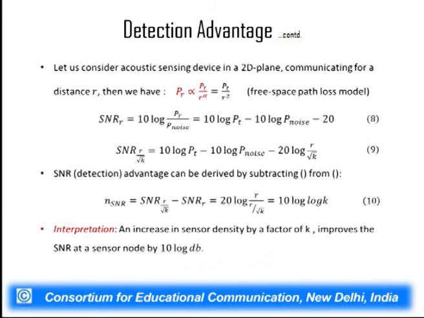An increase in sensor density by a factor k will ultimately improve the SNR at a particular sensor node by the factor k. So this is a good benefit that we are getting in terms of detection, the coverage or SNR benefit also.